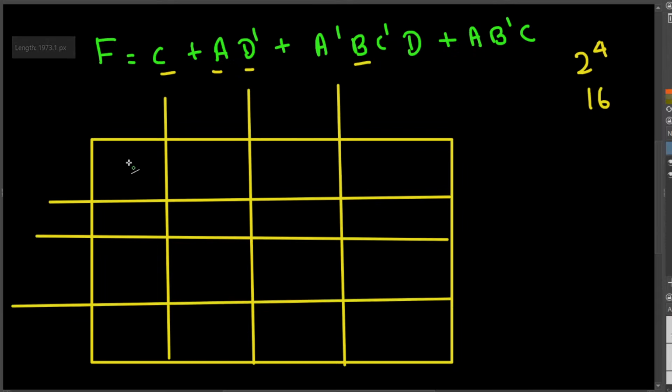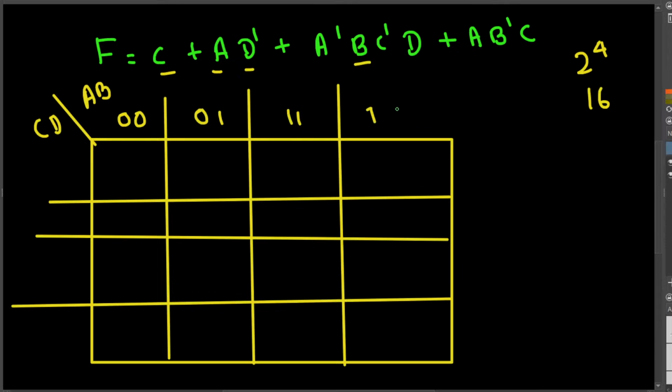Okay, now I have a 16 location K-map. Let's put the AB here, and the CD here: 00, 01, 11, 10, and 00, 01, 11, 10.